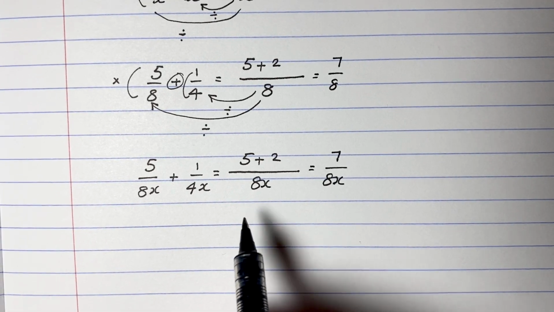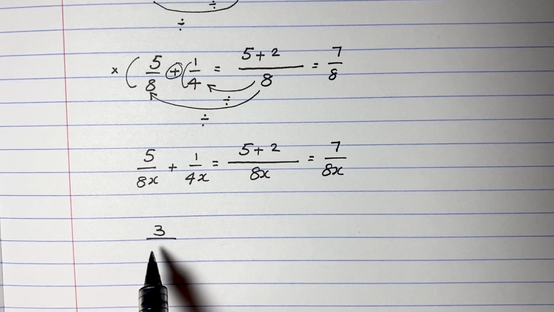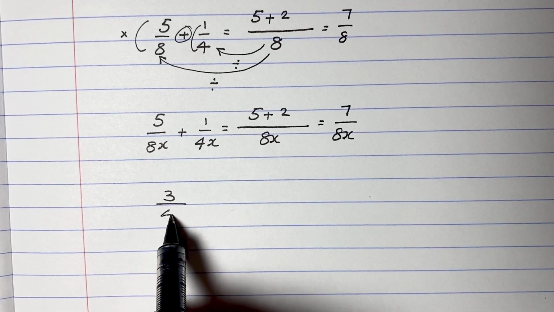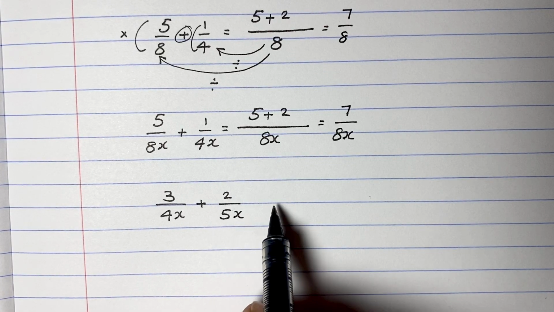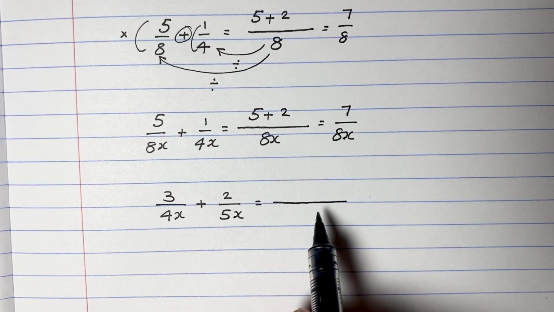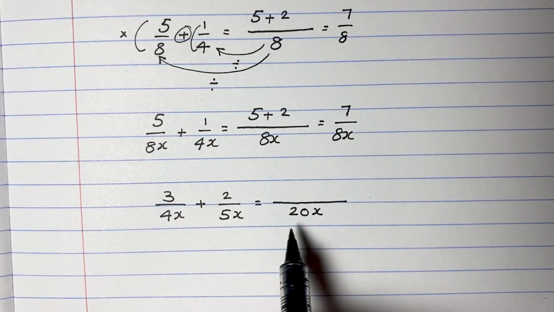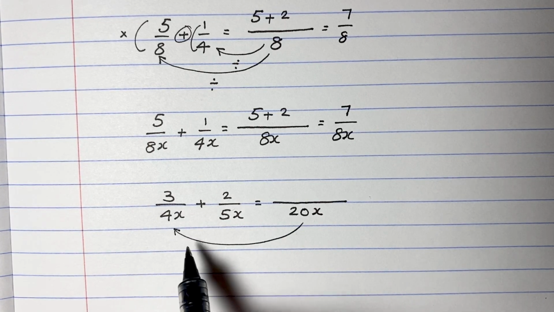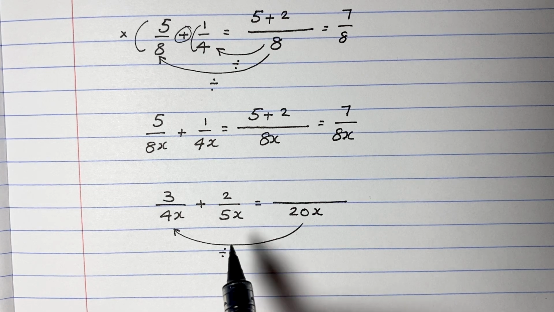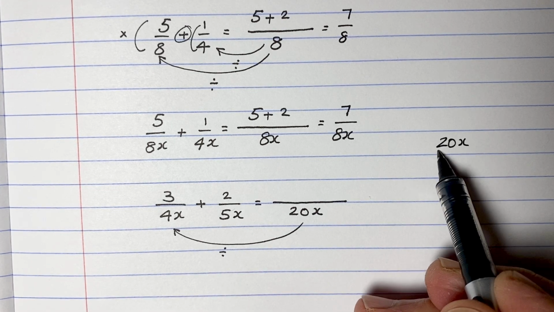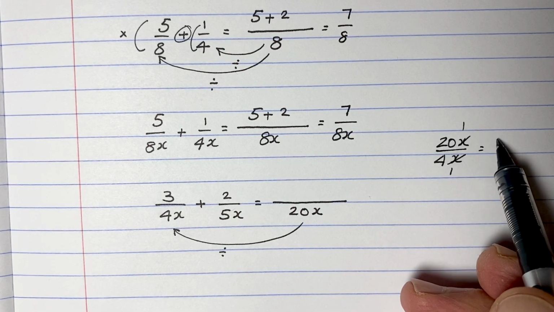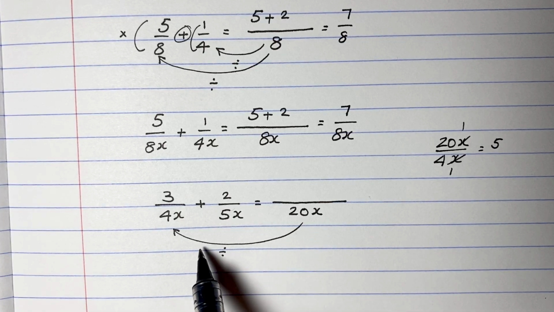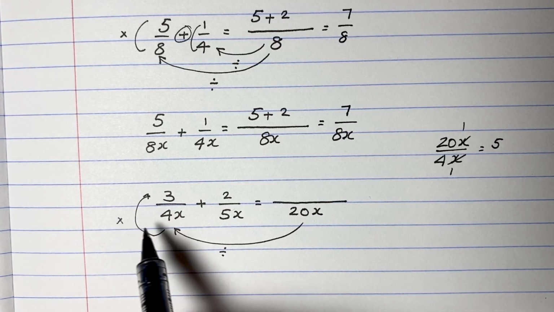So in this case, let's have a look at 3 over 4x plus 2 over 5x. Here the common denominator will be 20x. 20x divided by 4x: x and x cancel, and 20 divided by 4 is 5. 5 times 3 is 15.